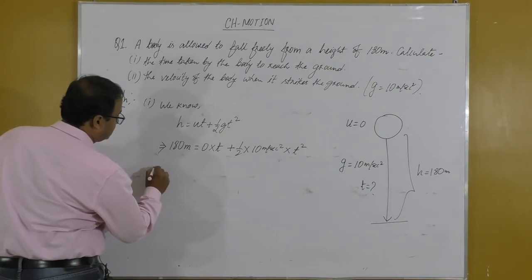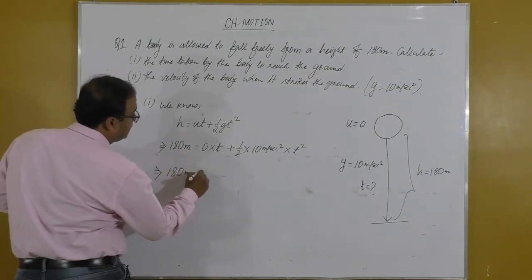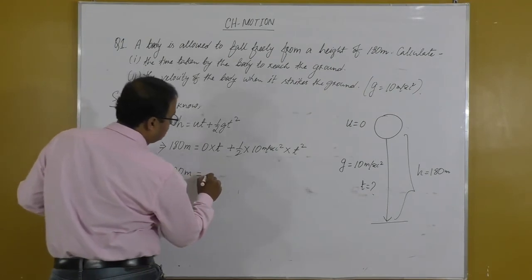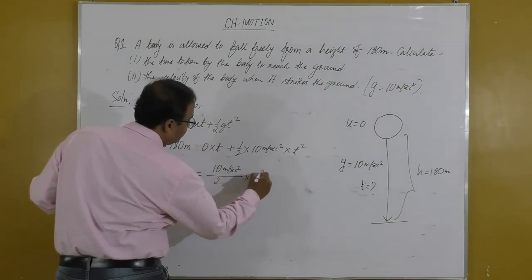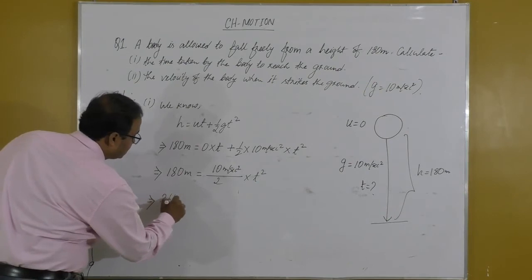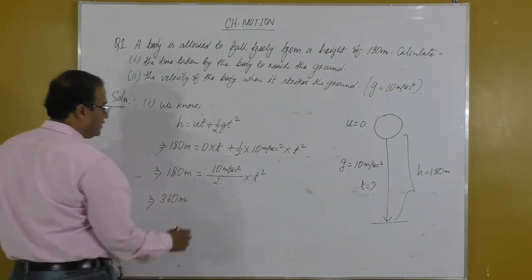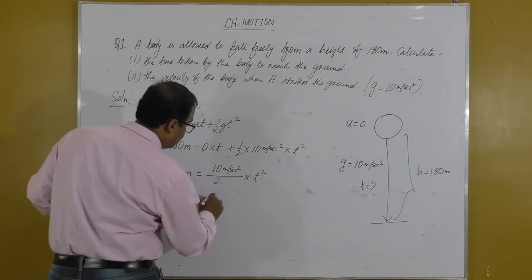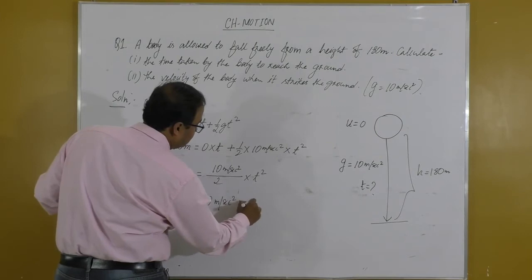So 180 meter is equals to 10 meter per second square by 2 into t square. So it is 360 meter. If you multiply this 180 by 2, 360 meter is equals to 10 meter per second square into t square.